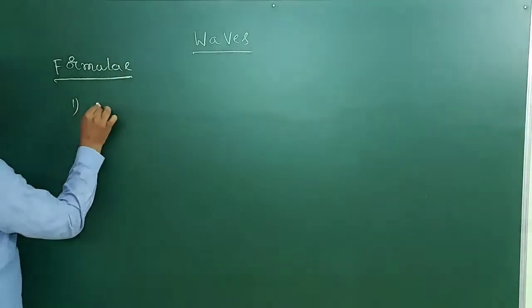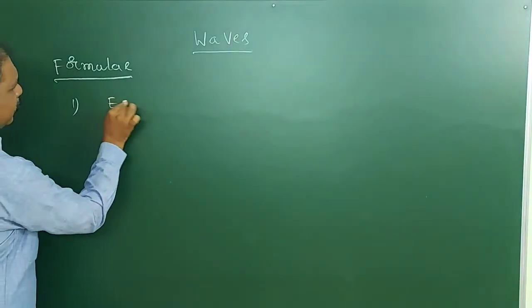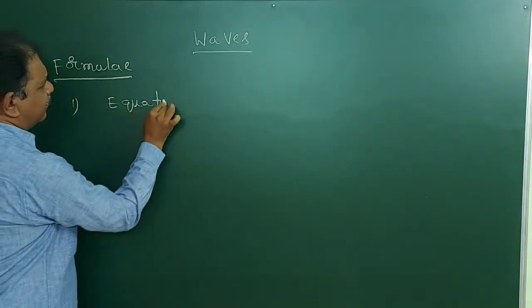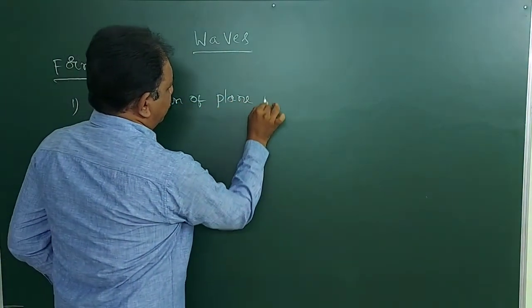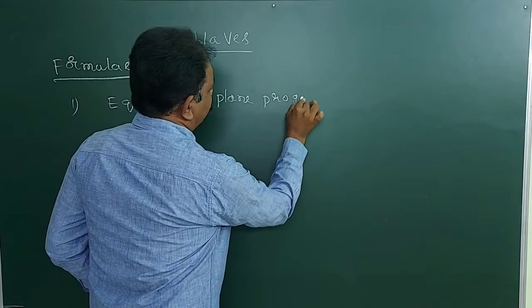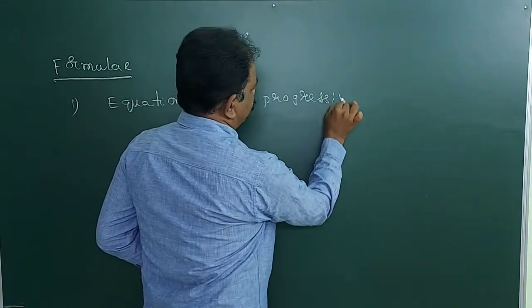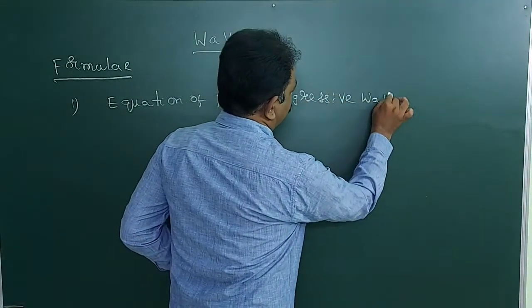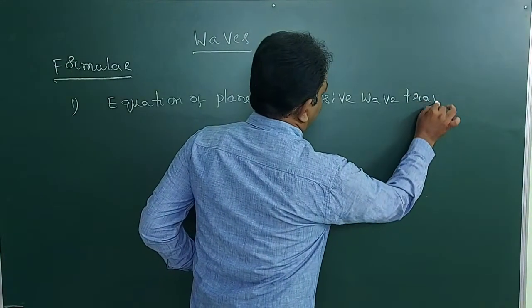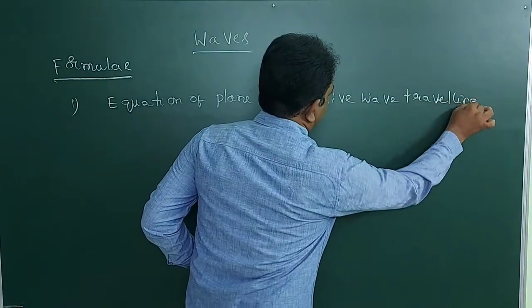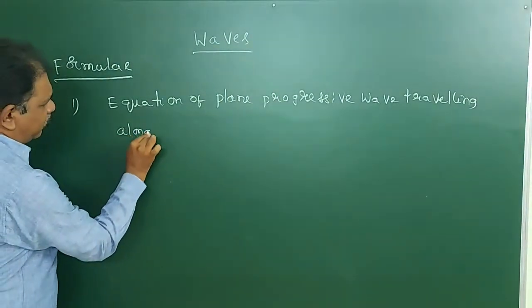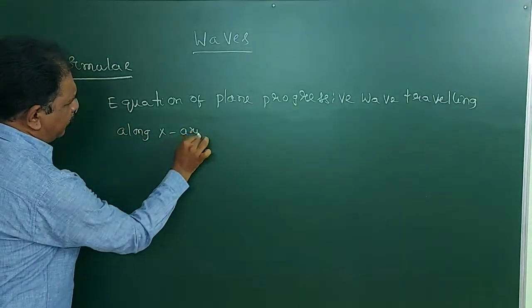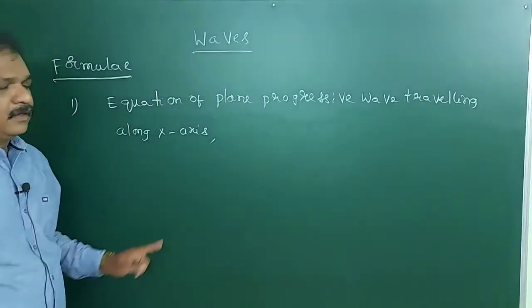See. So equation of a plane progressive wave traveling along the x-axis. A progressive wave is traveling along the x-axis.